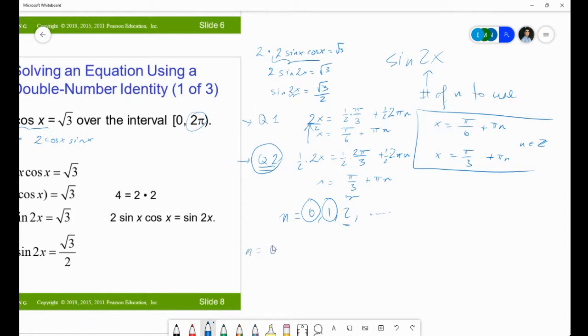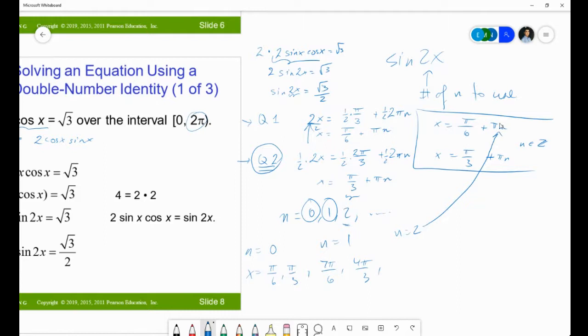When n is equal to 0, I'm going to get just pi over 6 and pi over 3. If n is equal to 1, I plug 1 in here, so I have 7 pi over 6 and 4 pi over 3. If n equals 2, let's see what happens.